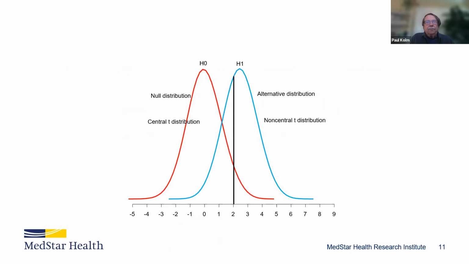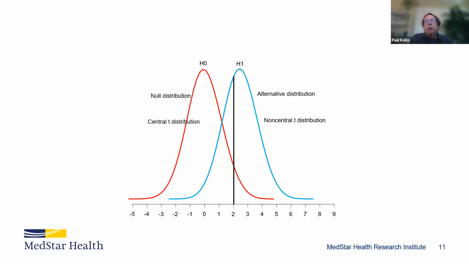If we're using a t-distribution here, or it could be a chi-square distribution or a normal distribution, the null distribution is referred to as a central t-distribution, and that's the distribution that is known if the null hypothesis is true.